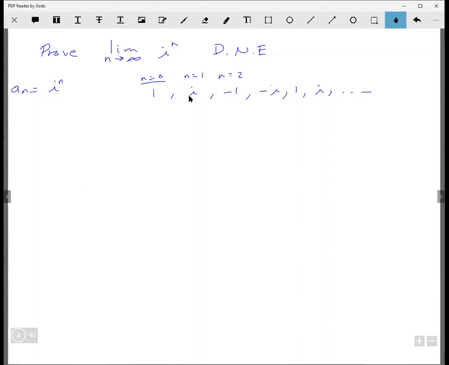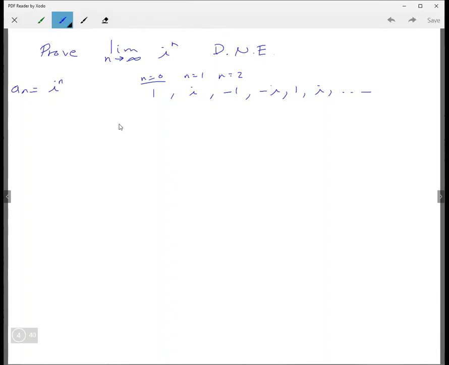Or I can show that it doesn't converge to i because of all these other values. Or you can show that it doesn't converge to -1 and so on, but that's kind of missing the point because you have to show that it doesn't converge to anything. That there's nothing that this can converge to. So that makes it a little bit harder.